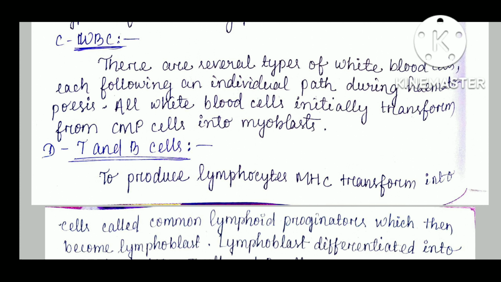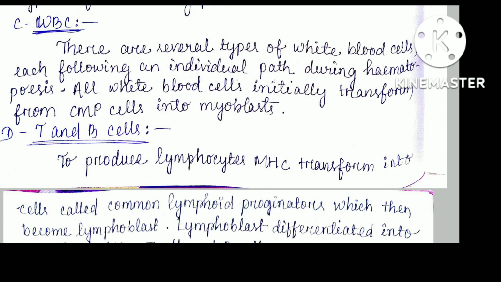Then WBCs. There are several types of white blood cells, each following an individual path during hematopoiesis. White blood cells initially transform from CMP cells into myeloblasts. Then the fourth one is T and B cells.